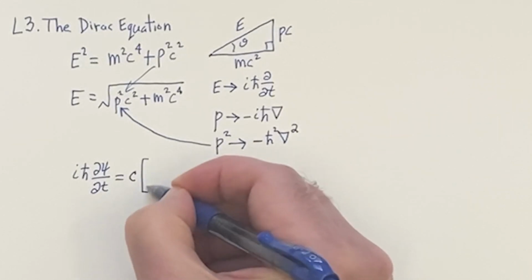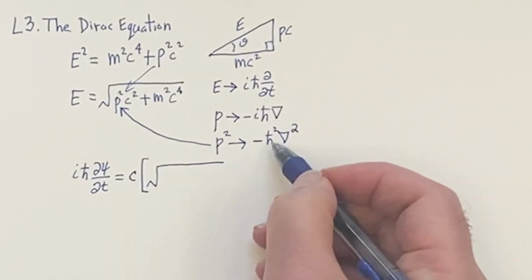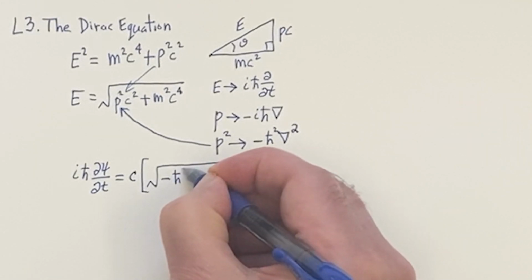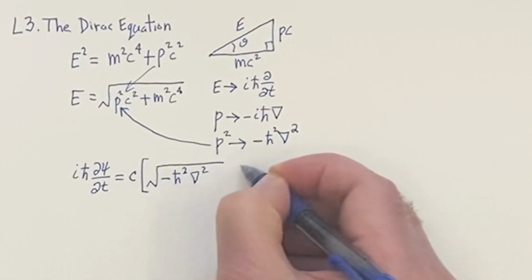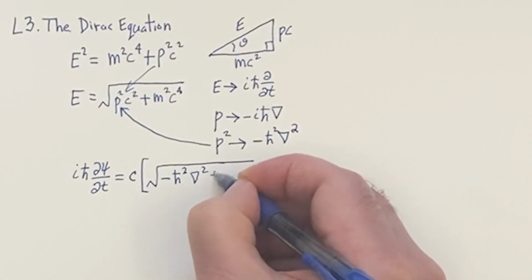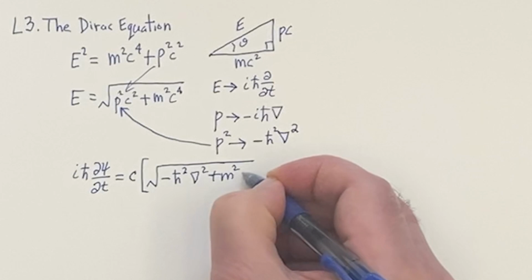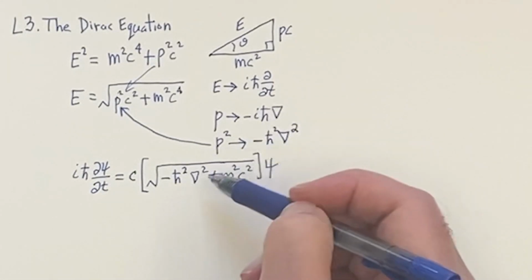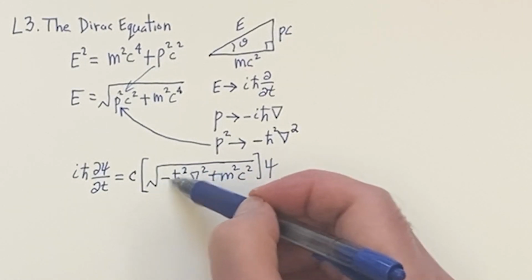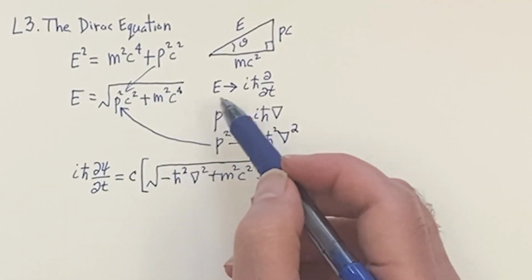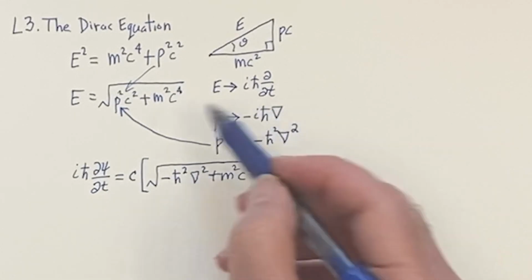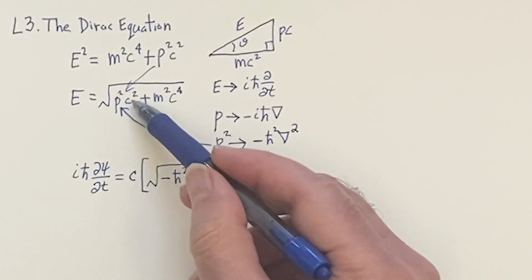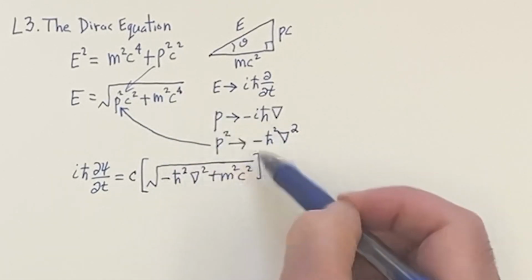Then we'll have here minus h bar squared del squared plus m squared c squared. If you put the c back in, you have minus h bar squared c squared del squared, and then the c squared comes in here as c squared, and you get c to the fourth.